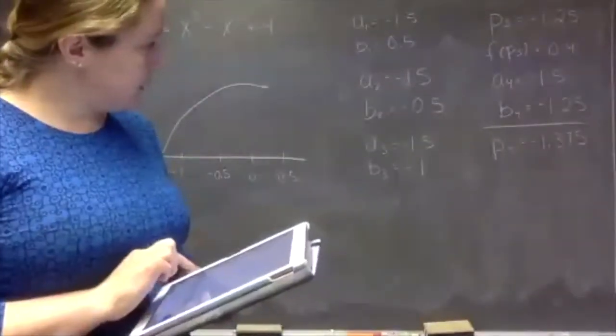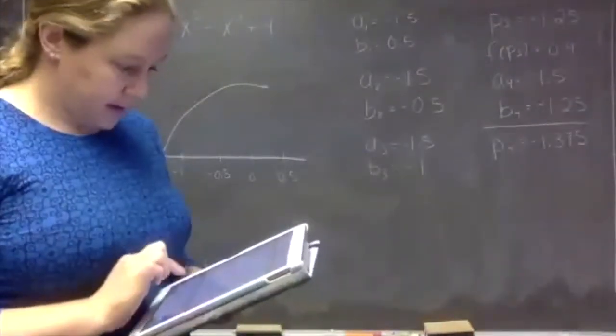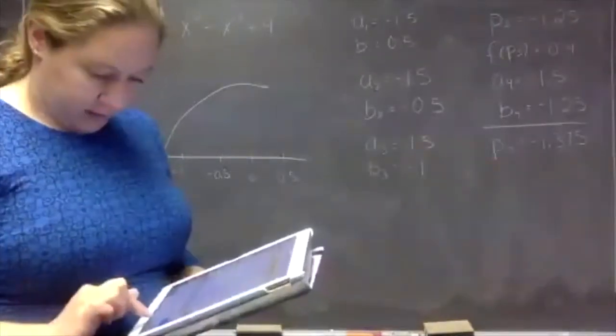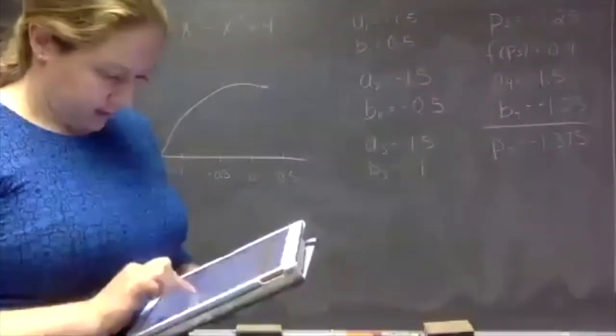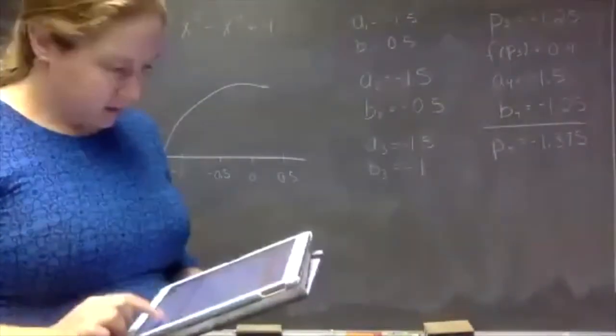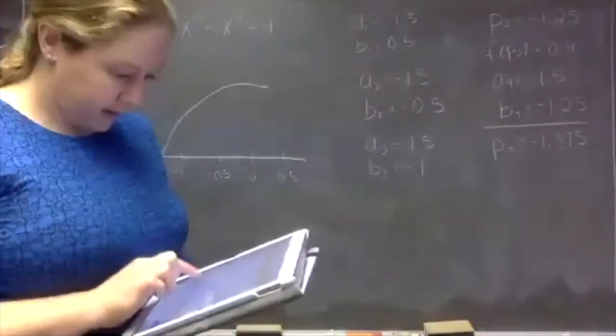So negative 1.375 squared minus 1.375. Oh, that was supposed to be cubed. Sorry, cubed minus that squared.